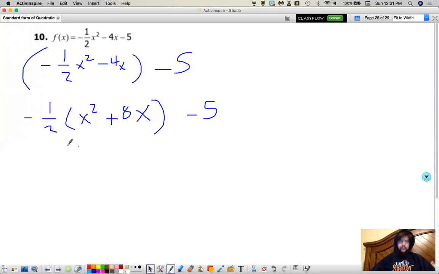Now we can figure out what little b is. 8 over 2 squared, that's 4 squared is 16. Add the 16 on the inside.